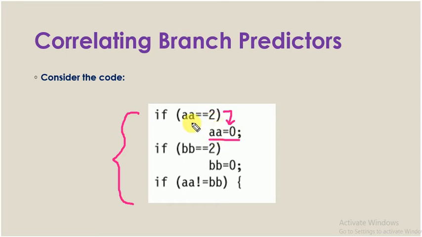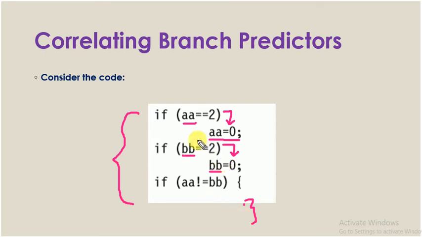A simple condition: if it is true, we assign 0 to this variable. Then if BB is equal to 2, we assign 0 to BB. The same type of operation happens here also. Then after that, if A is not equal to B, we have some other body.